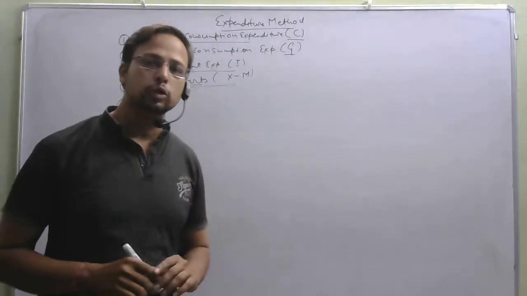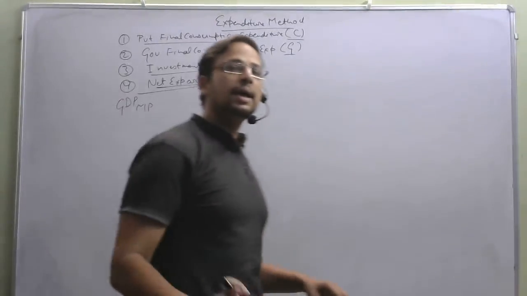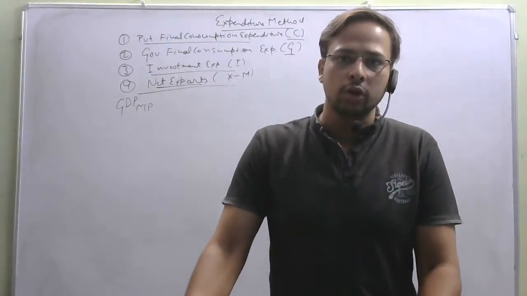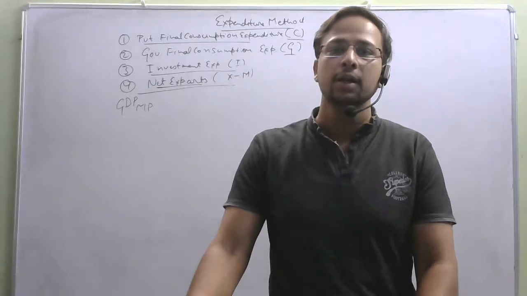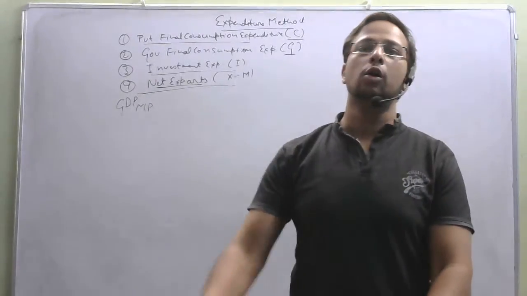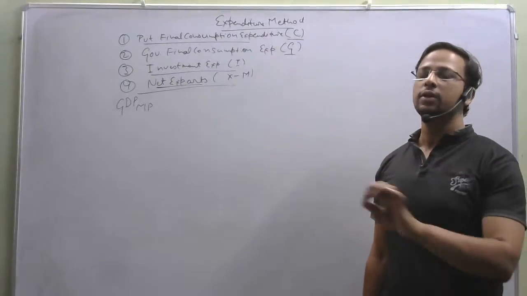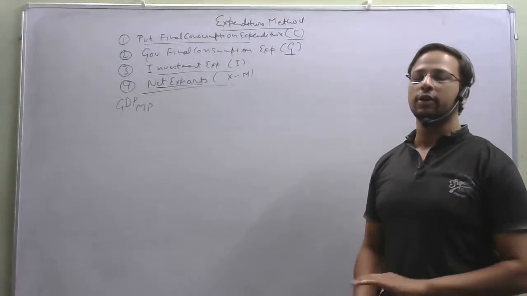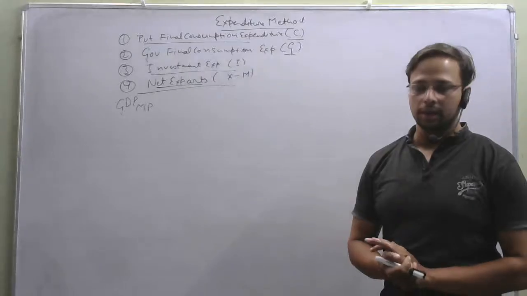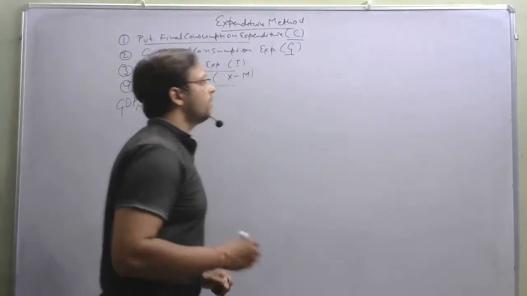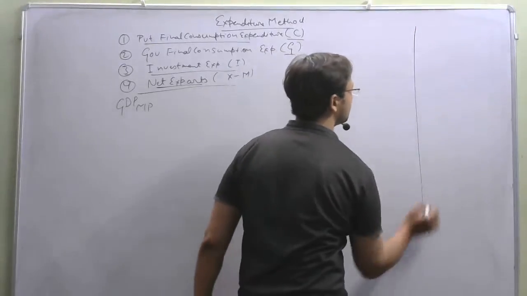Otherwise you won't be able to solve the questions of national income at all. National income is a very important chapter for your economics subject, because a question of 8 marks will always be there in the paper, for the numerical part, right? So let us revise them once again.